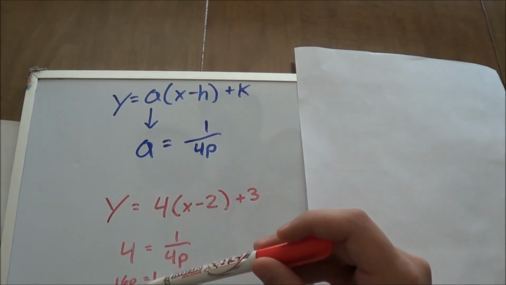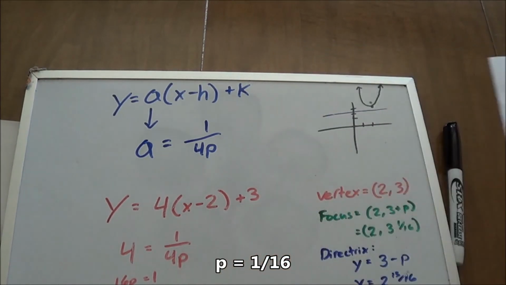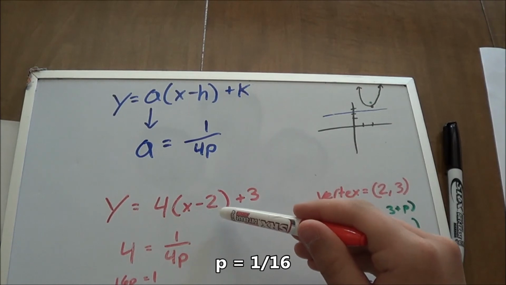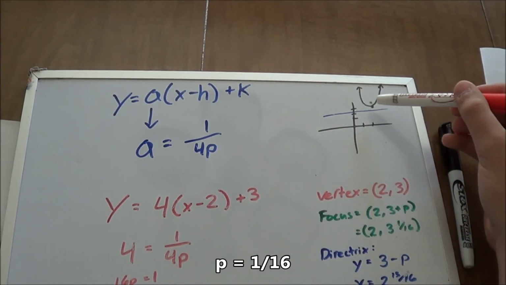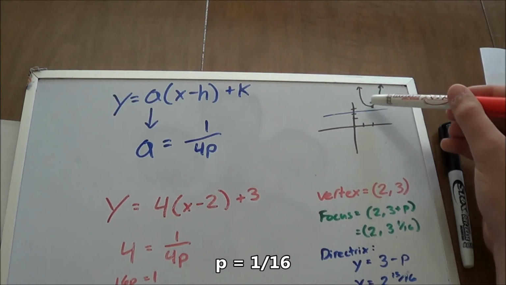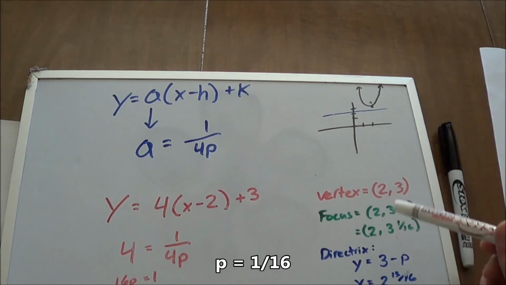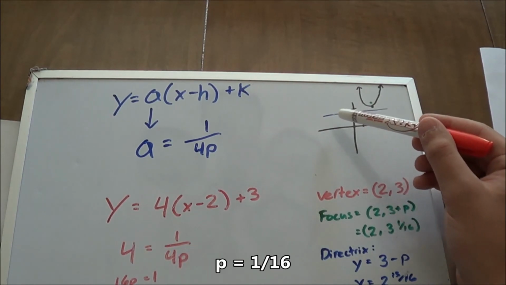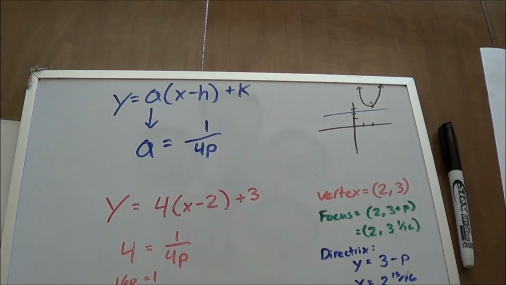Some algebra will tell you that p would have to equal 1/16. Since the equation tells us a vertex is at 2, 3, the focus would be at 2, 3 and 1/16, and the directrix would be at y equals 2 and 15/16, as shown by the math here.